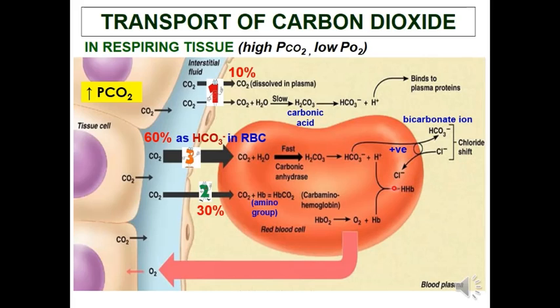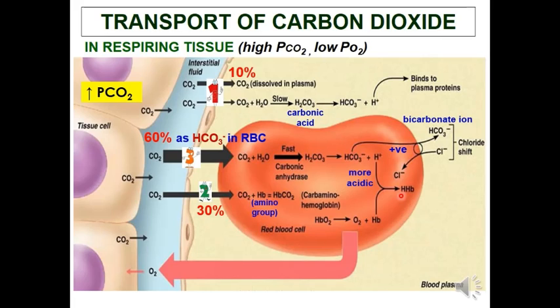And the increase of H plus or hydrogen ion in the red blood cell will cause the red blood cell to become more acidic. Then this will cause the hemoglobin to bind with the H plus and form hemoglobinic acid.